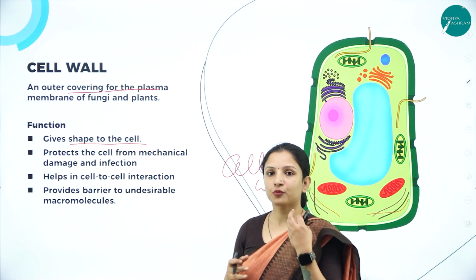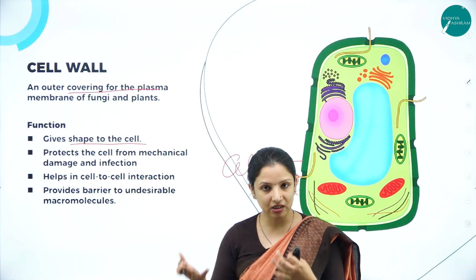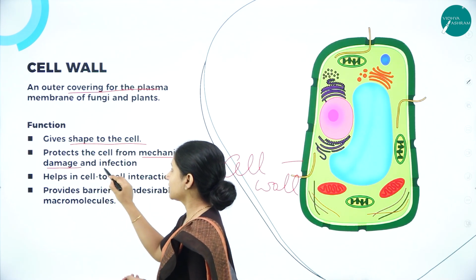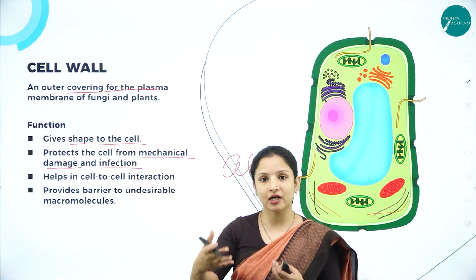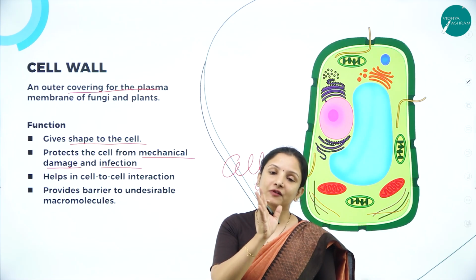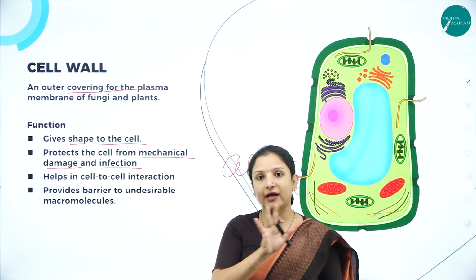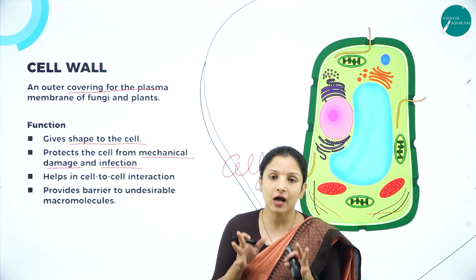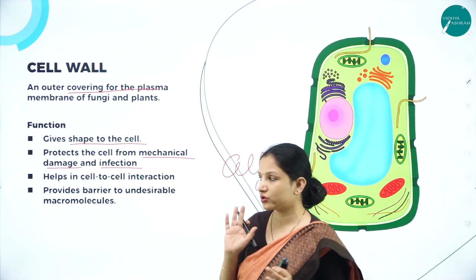Apart from that, it protects the cell from any mechanical damage. And also it protects the cell from infection, that is any pathogen entering into the cell first has to traverse the cell wall. Only if the cell wall is damaged, then the pathogen can enter. Otherwise, it is very difficult for any pathogen or harmful microorganisms to enter into the cell.